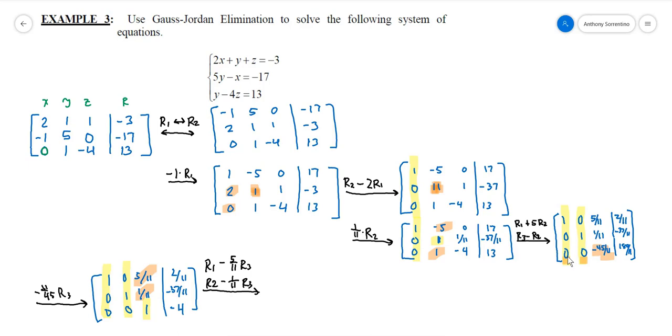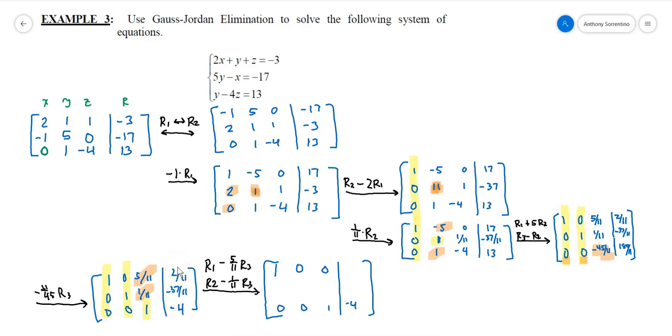And when I do that operation, row 3 is going to be left untouched. 1 minus 5/11ths of that 0 is going to be 1 minus 0. It's still going to be 1. 0 minus 5/11ths of row 3. I have 0 minus 5/11ths of 0. It's going to still be 0. 5/11ths minus 5/11ths times 1 is going to give me the 0 here, which is what I wanted.